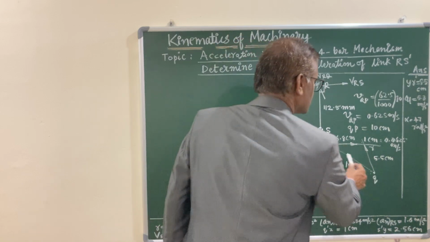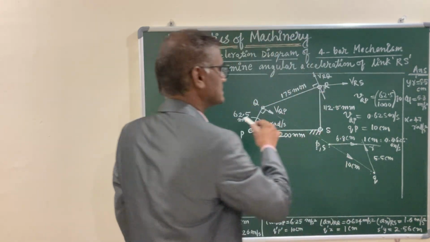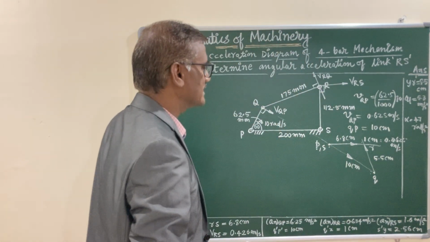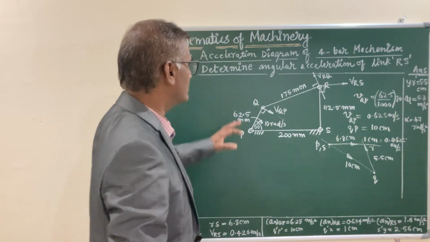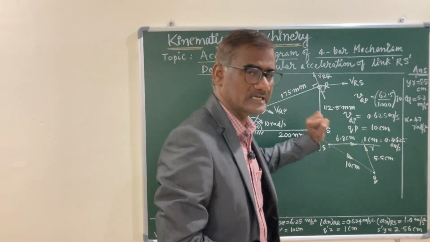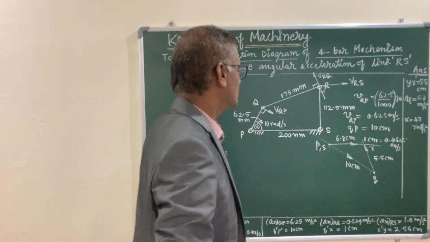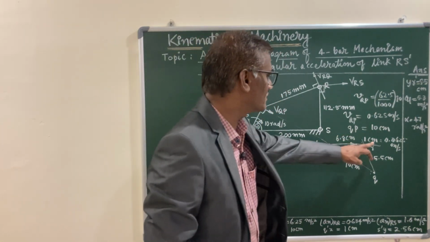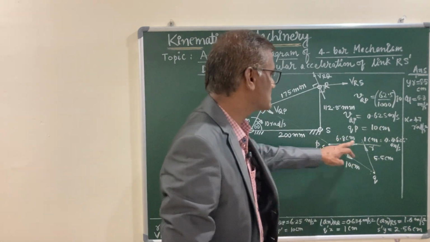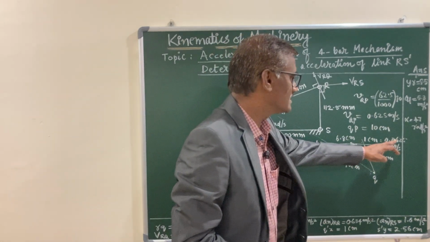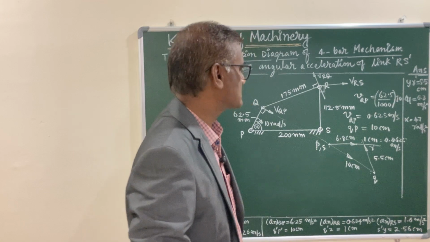After measuring this, you know the velocity of all the links, and you can proceed to calculate the normal component of acceleration. This completes your velocity diagram. To calculate the velocities, you multiply 6.8 and 5.5 with the scale 0.0625 meters per second. The velocity of QP is the input velocity, 0.625 meters per second.